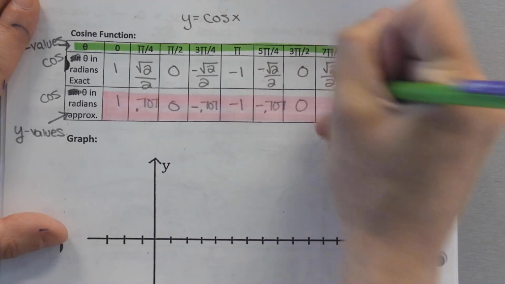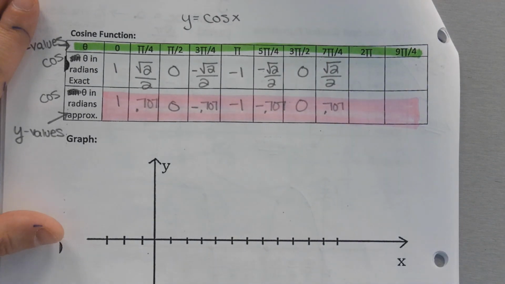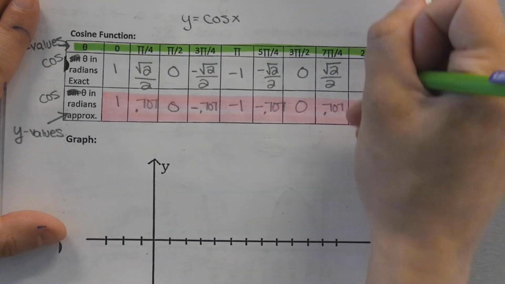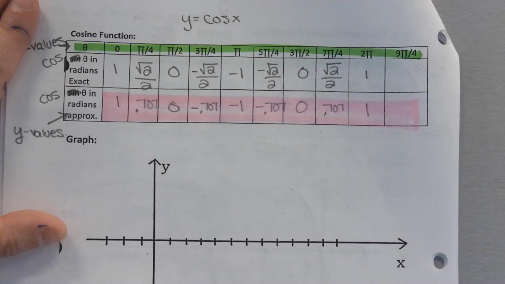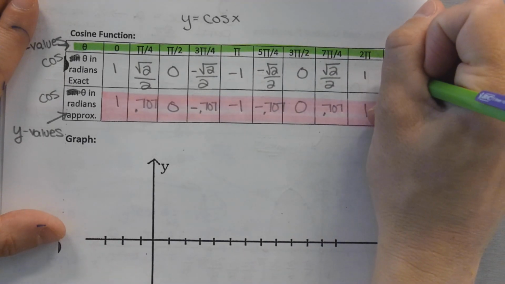Yep, root 2 over 2. And you should have this where you're like, I've seen these numbers before. Yep, you have. 2 pi, full revolution. 1. And then 1 spot after in terms of pi over 4. So basically we're back to 45 degrees. What am I there again?